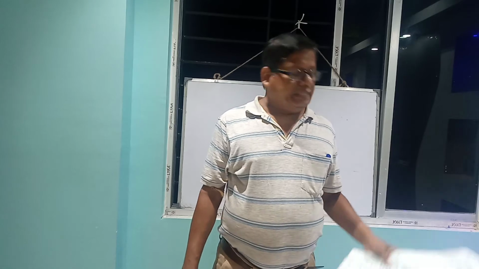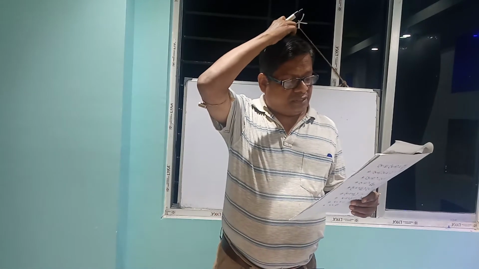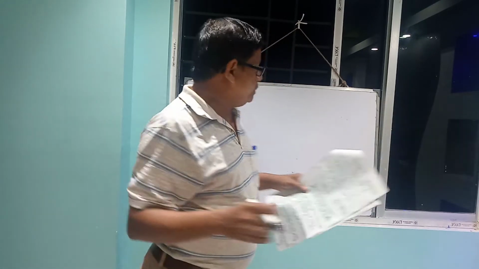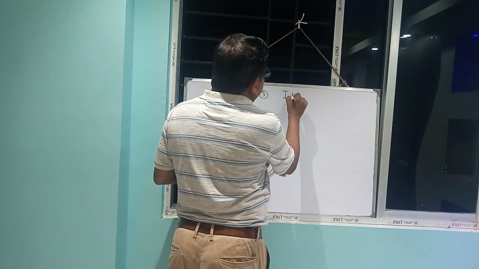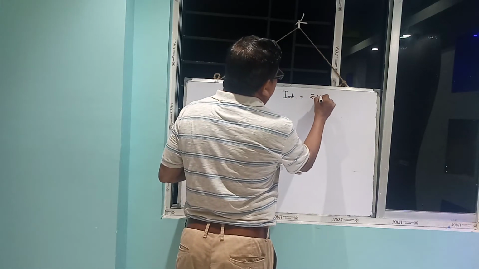If we get rupees 1200 as interest, find the monthly installment and maturity value. Here interest is given. Okay, so write question number 3, write interest rupees 1200.